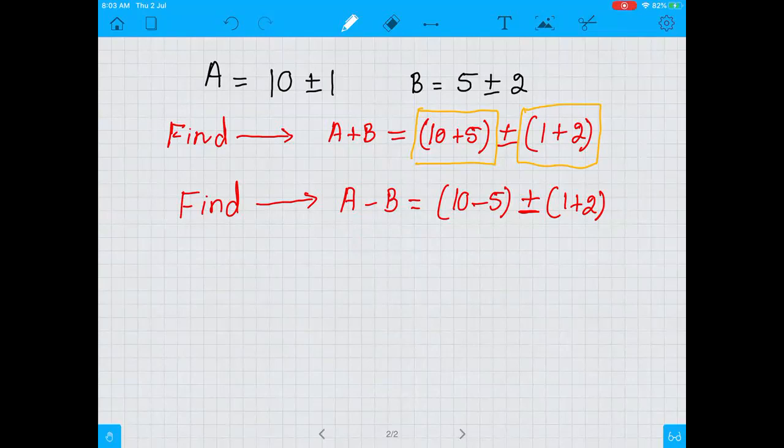Now you can ask the question why. The reason basically is all the formulae for uncertainty that we are discussing are based on the concept of random uncertainty.